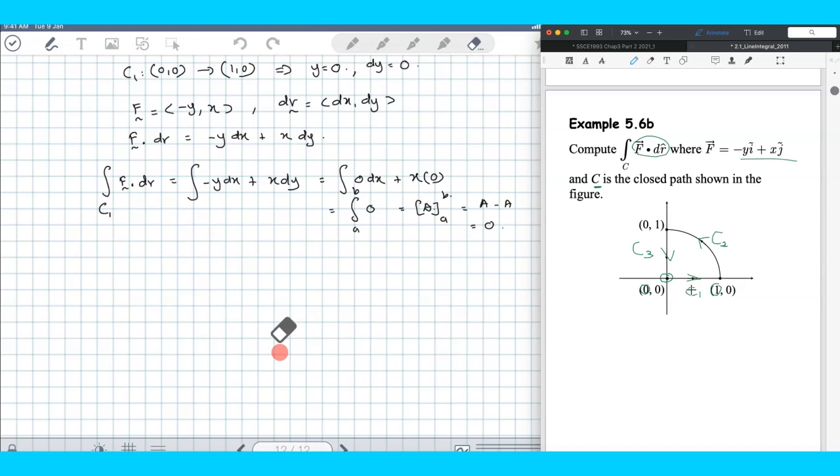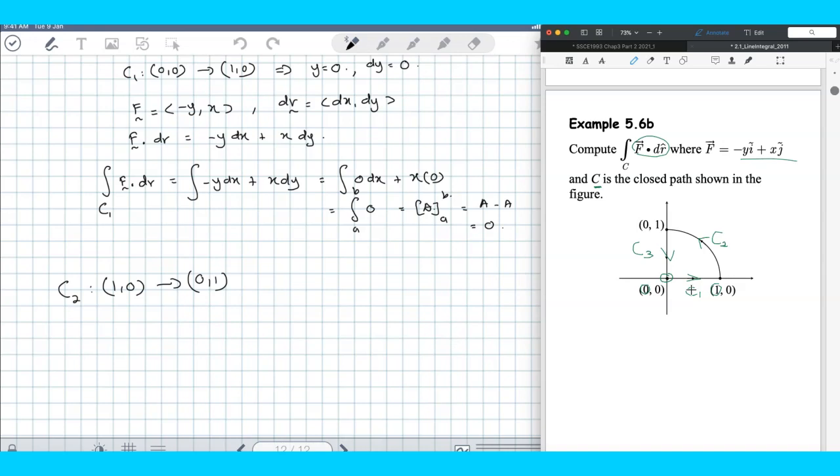Now we want to go to C2. What is the information that we have? We have a path from the point (1, 0) to (0, 1), passing along the circle.